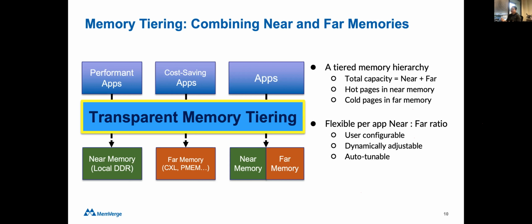If you have a performance-critical application, you might give it more near memory. All of this is user configurable and can be dynamically adjusted. We also have an algorithm to auto-tune it by monitoring your memory access pattern, and the application does not need to restart from scratch.